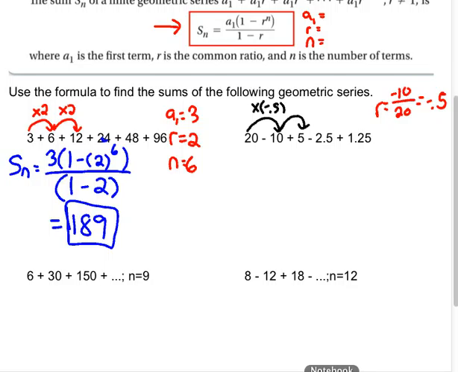So if you can see it right away, fantastic. But again, if you can't see what you're multiplying by, take the second term, divide it by the first term.